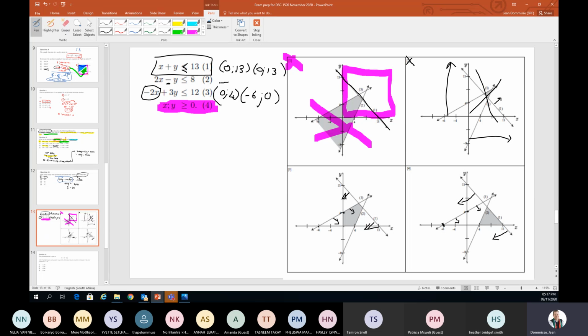So then unfortunately I will need to look at this one. 2x minus y smaller or equal to 8. So we need to rewrite it. I'll take that one over to that side. I need to make that positive.